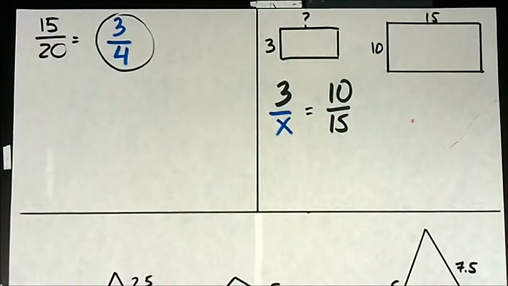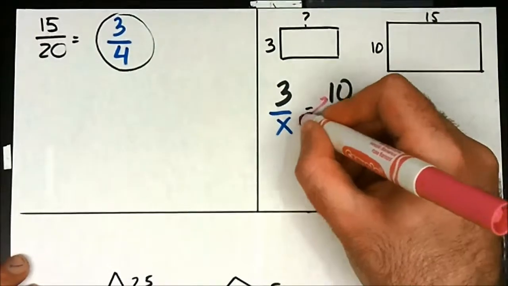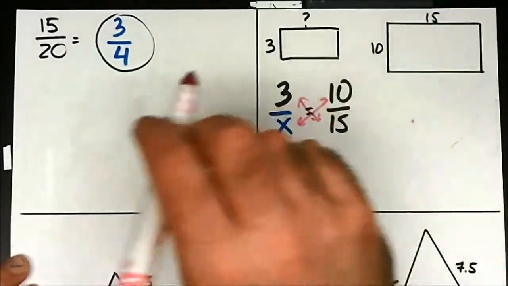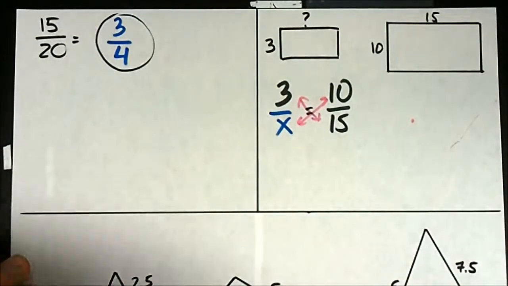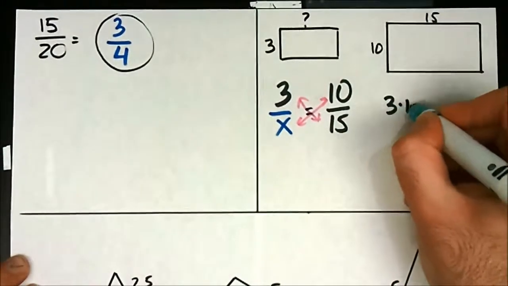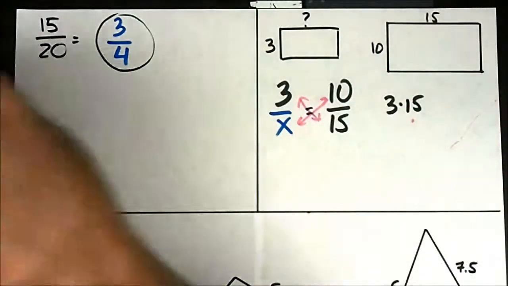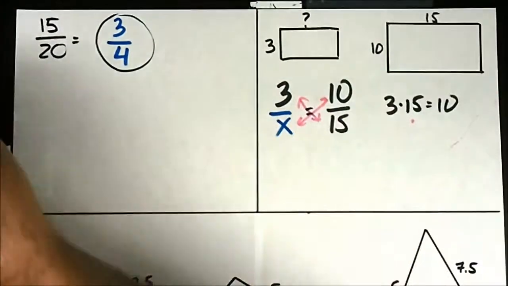And what do I do next? Cross multiply. So my cross products are 3 times 15 and 10 times x.